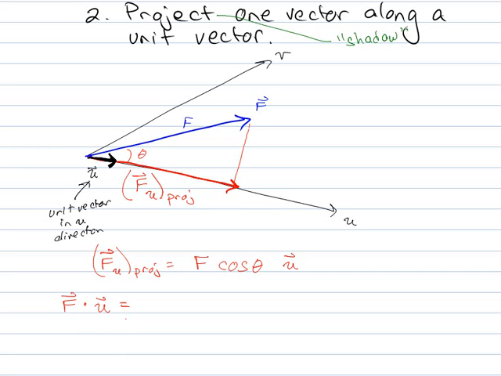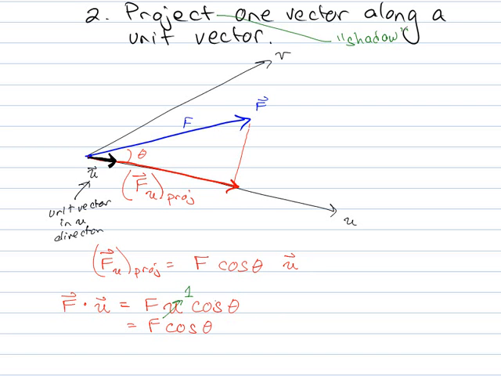If I dot f and û, I'm going to get the magnitude of f times the magnitude of û times the cosine of the angle between them. Well, I know the magnitude of û is 1, so that means that I'm going to get f cosine theta.